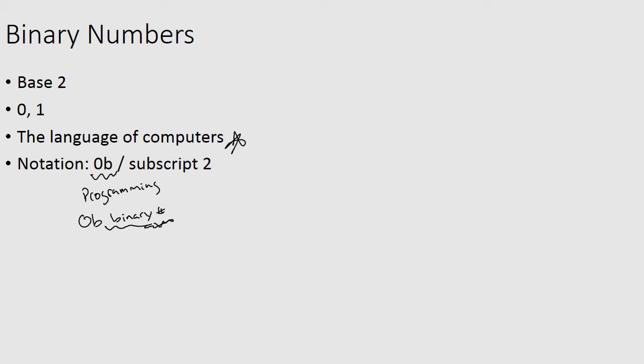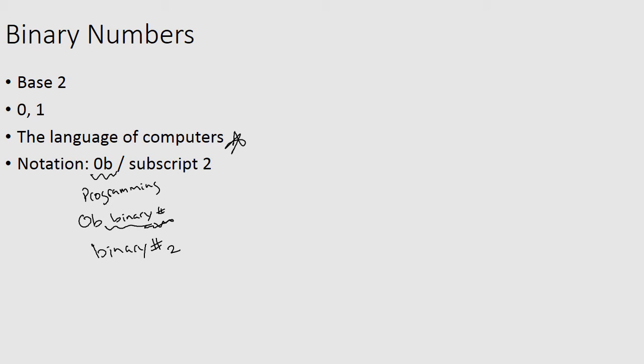Another method of telling people that you have written a binary number instead of, say, a decimal number is a subscript. So you write your binary number, which, remember, only contains 0 and 1, nothing else. You have the binary number with a subscript of 2, denoting that it is a binary number and not a decimal number.